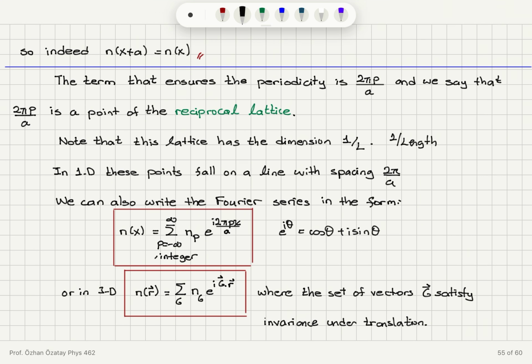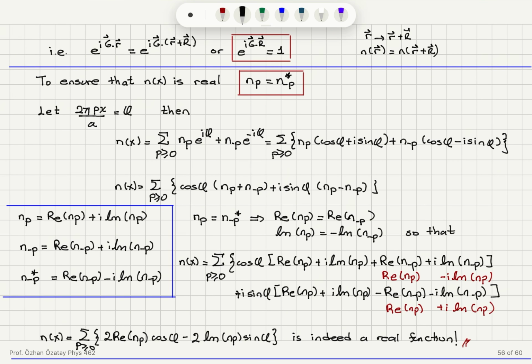Because Euler's formula gives me a complex number, these coefficients should be complex numbers in order to get a real function n of x here. So we will see that these coefficients should satisfy n_p equals n_minus-p complex conjugate.